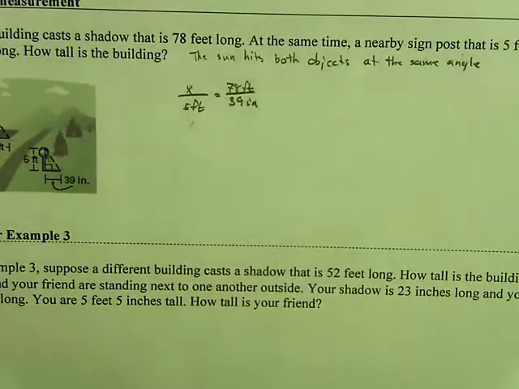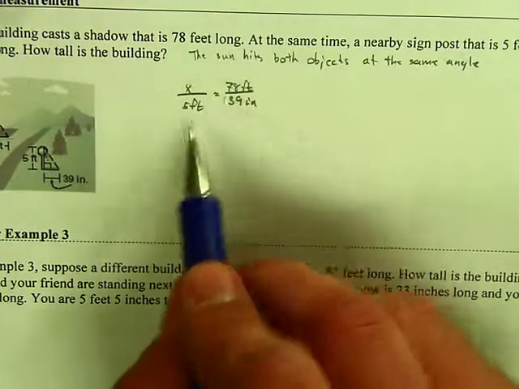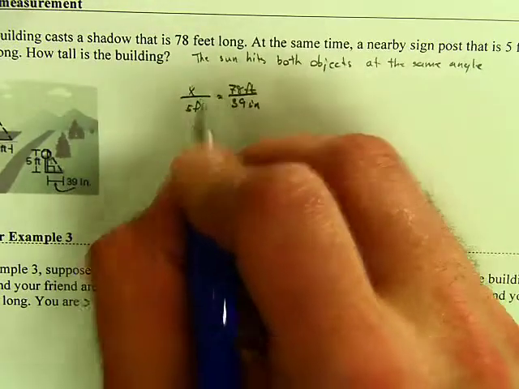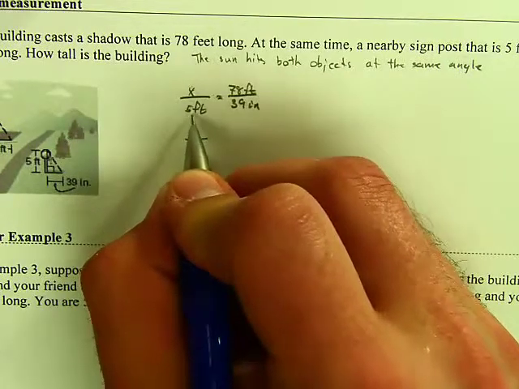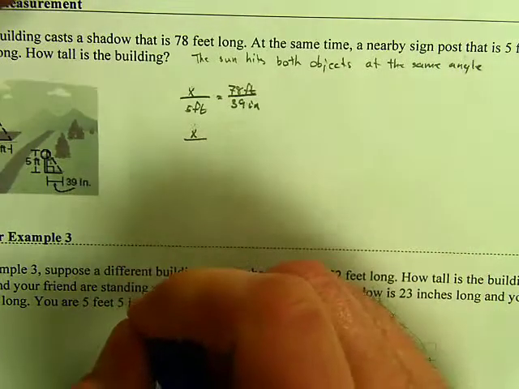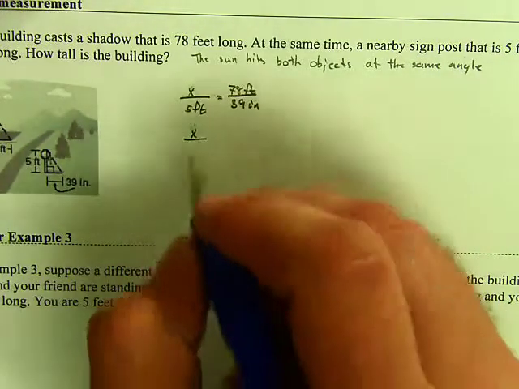And since there are 12 inches in a foot, it makes for some weird conversions if you just try to do it like a normal math problem. So let's go ahead and convert these feet into inches. There's 12 inches in a foot, so I get x still over 5 times 12, which is 60.